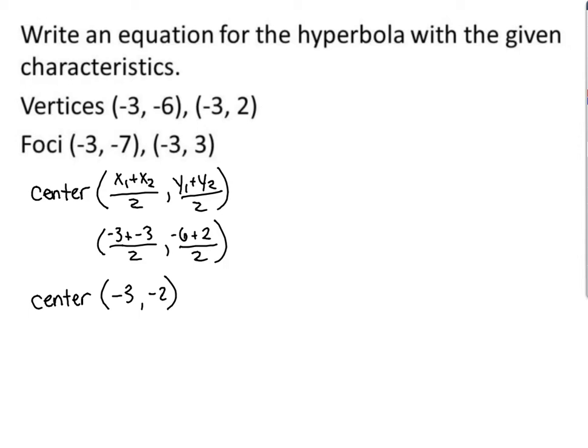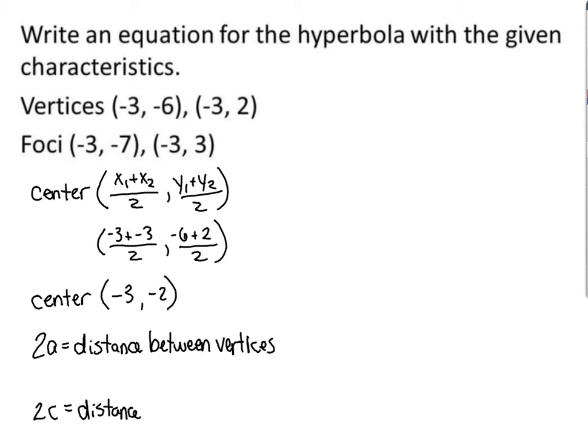When you need to find your a values for the vertices, we know the distance between vertices is 2a, and 2c is the distance between the foci. Again, this is the same as what it was for an ellipse.